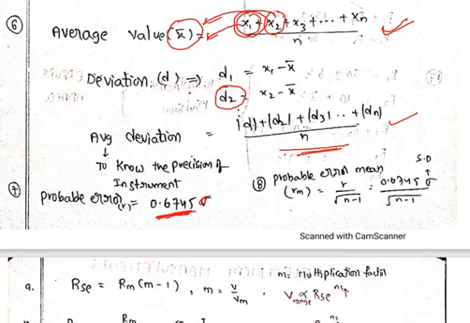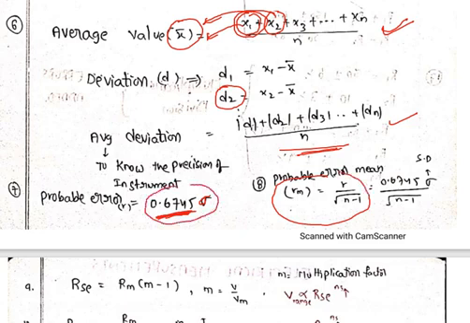Important formula. If they ask only probable error, it is this one, and if they ask probable error mean, that is Rm equal to R by root over n minus 1. Here R is nothing but 0.6745 sigma.